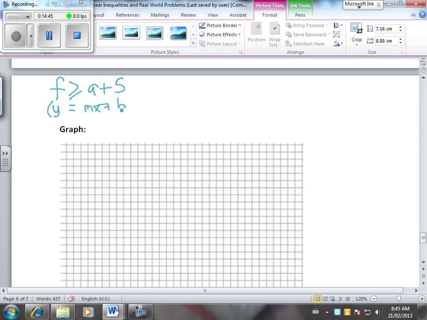In this case, F is y, A is x, and our slope here is 1. Then our other one, A plus F less than or equal to 20, we have to get F by itself. So we have F is greater than or equal to, and I'm just going to put the A in front of the 20 right away, so that again we can see our slope. And here our slope is -1.